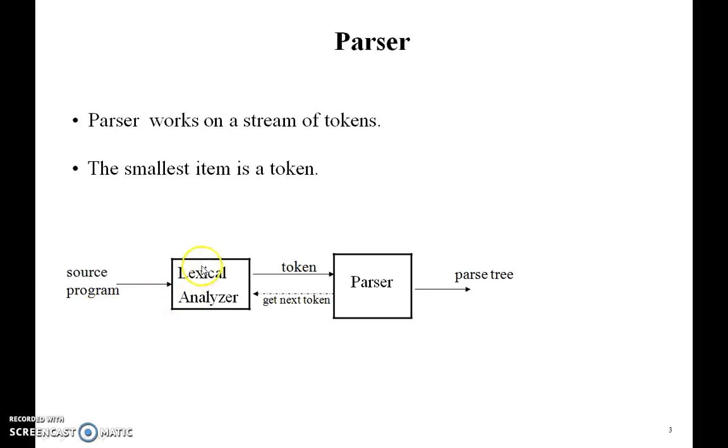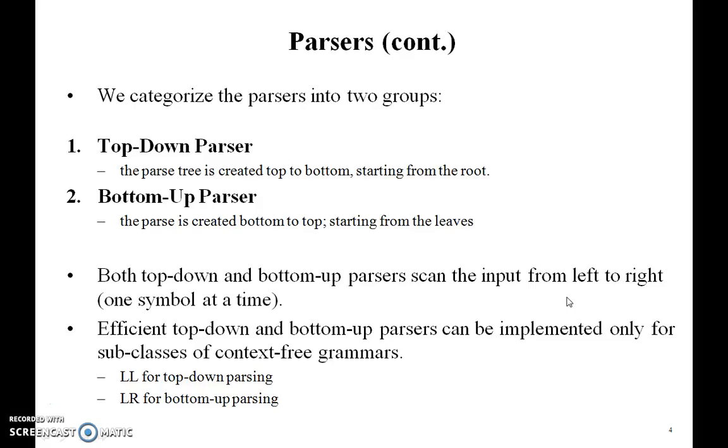The first phase of the compiler, the lexical analyzer, reads the source program character by character and then frames the tokens. Those tokens go as input to the syntax analyzer, which is called the parser. The role of the syntax analyzer is to analyze the syntactic structure of the source program given as tokens. Then that is constructed as a parse tree, which is given as input to the next phase of the compiler, the semantic analyzer.